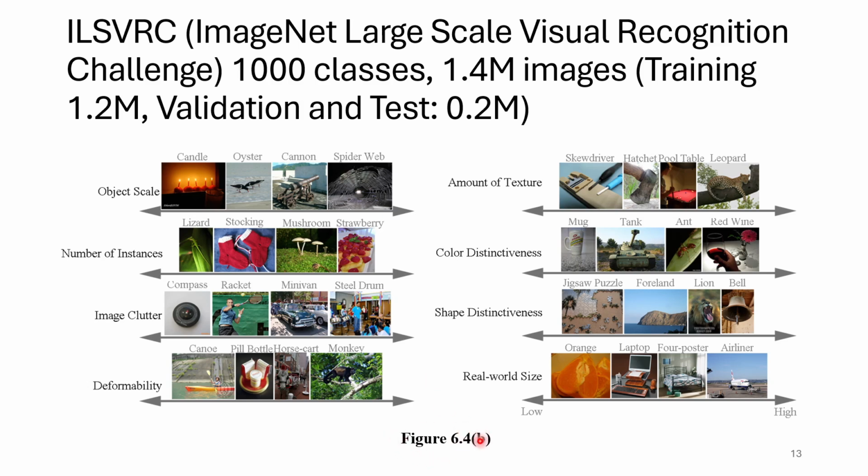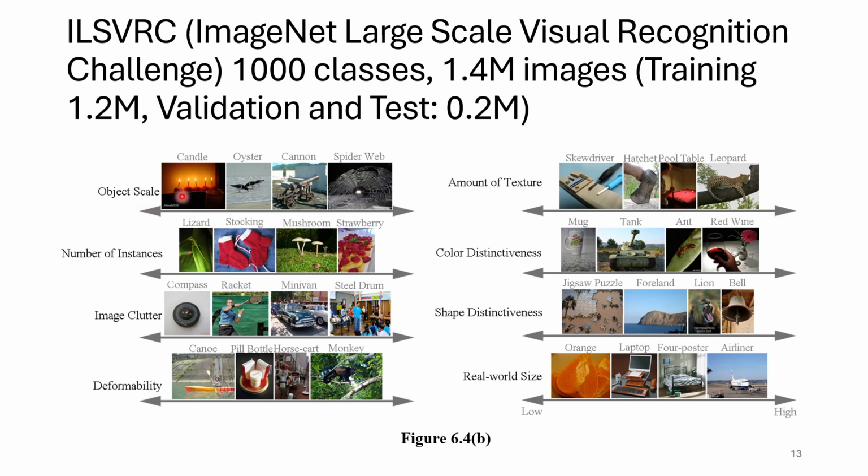So you can see this figure in our textbook, Figure 6.4. It is a comparison showing how and why the ILSVRC is a very challenging dataset, because in the dataset you can see very different images.